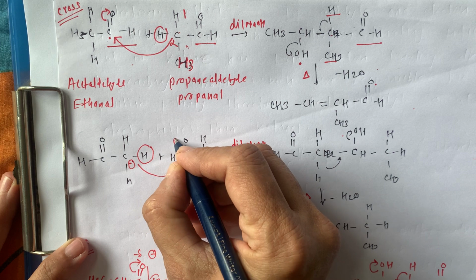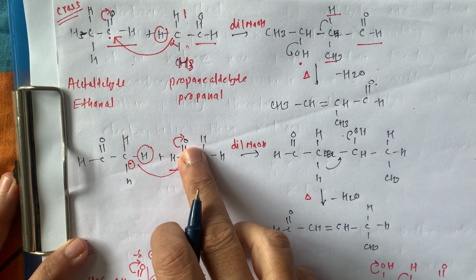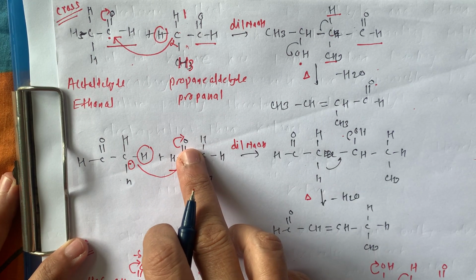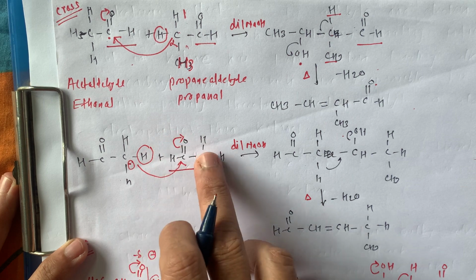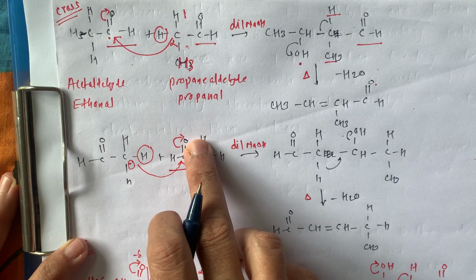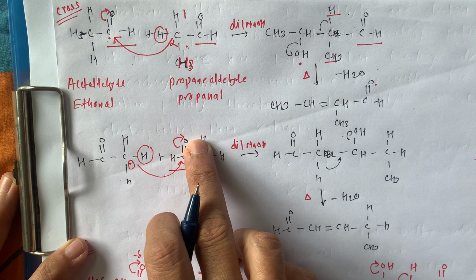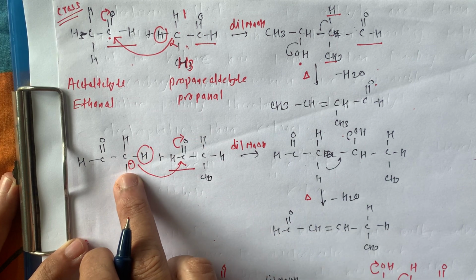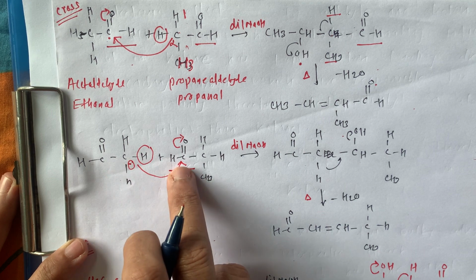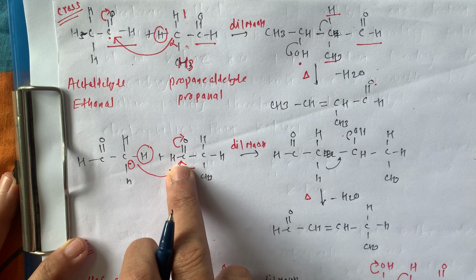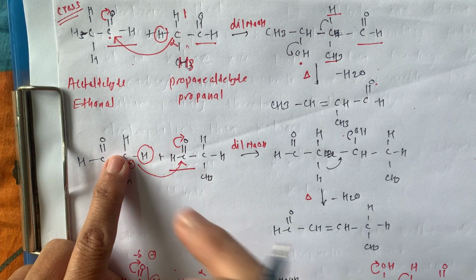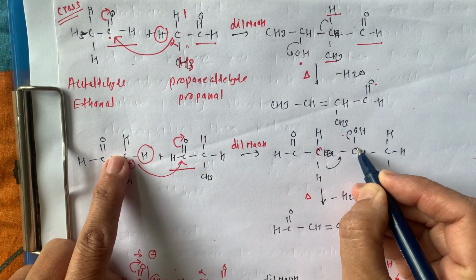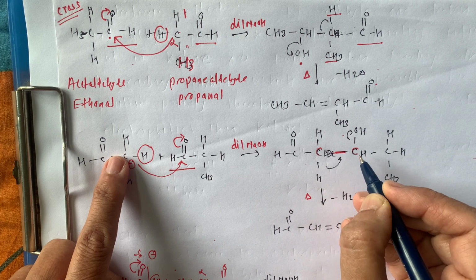There is a transfer of electrons on oxygen, which is already partially negative, but now with the transfer of electrons this will become a negative charge. By abstracting hydrogen, this carbon will now have nucleophilic property, so this will have a minus charge. It is going to attack on this positive charge, and so there is formation of a C-C bond, this bond.